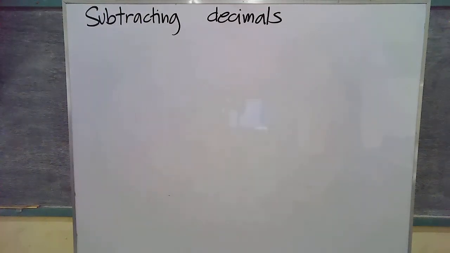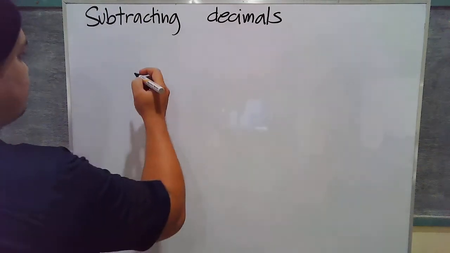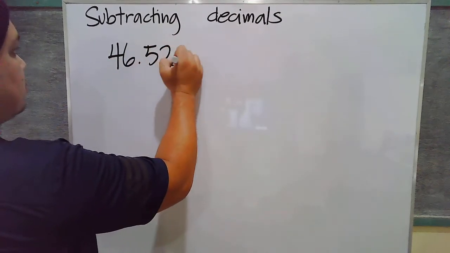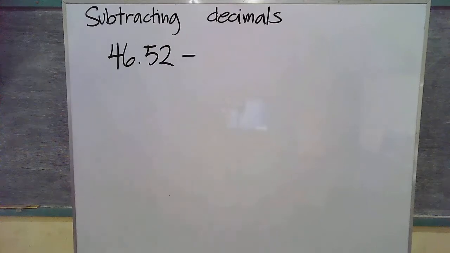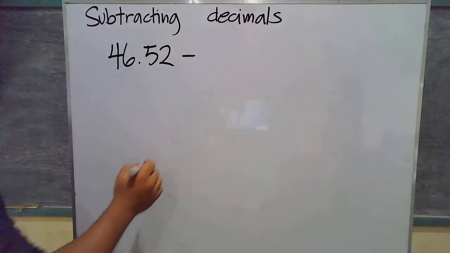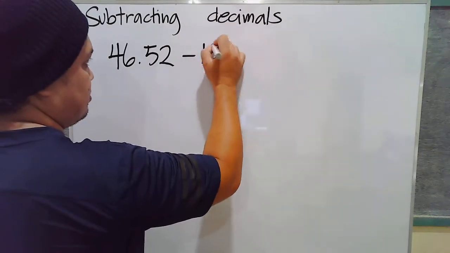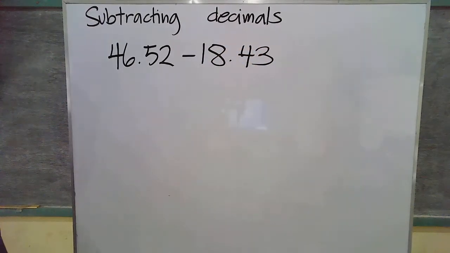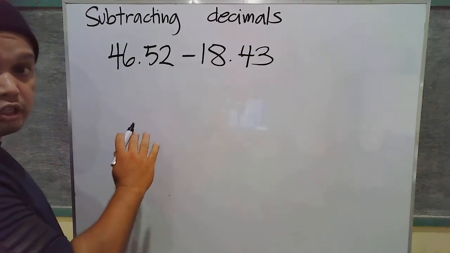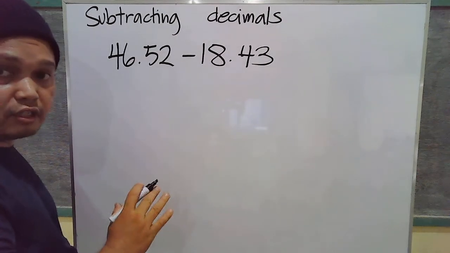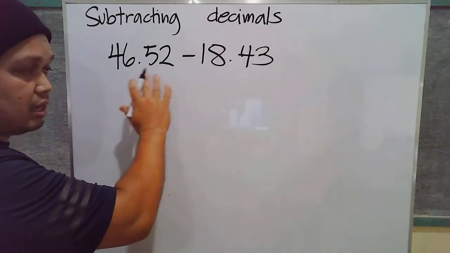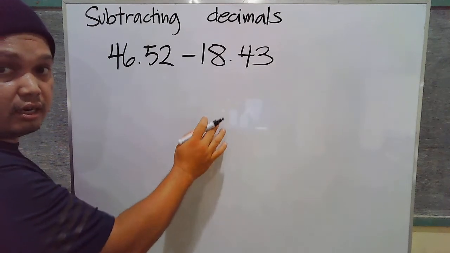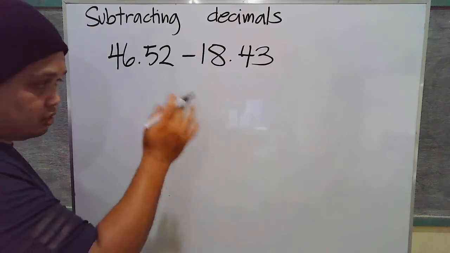Let's start first with 46.52 minus 18.43. Now, to answer this, let's first arrange the decimals in a column, aligning their decimal points. Let's do that.